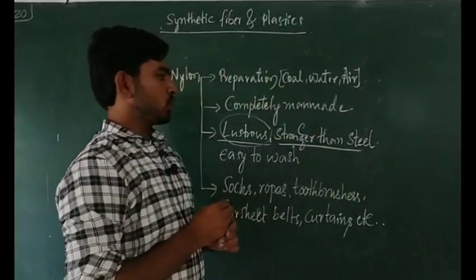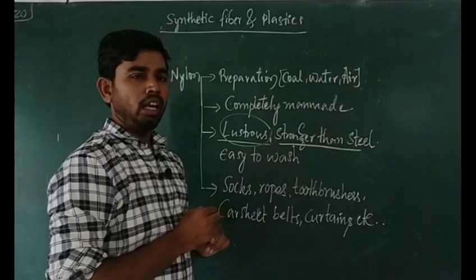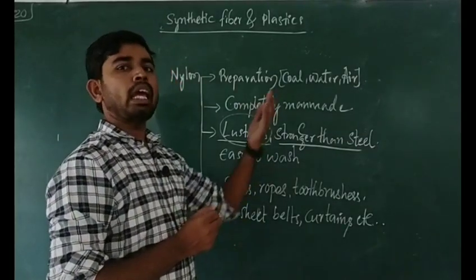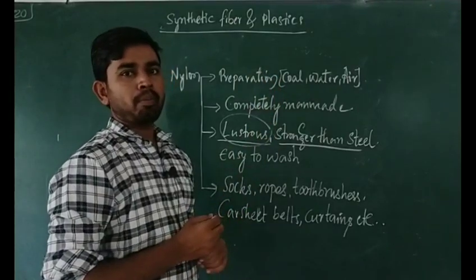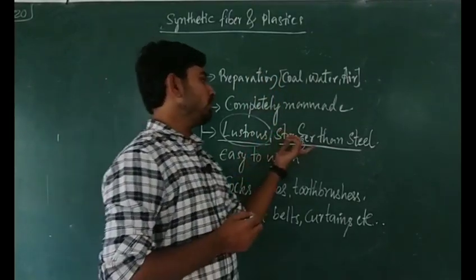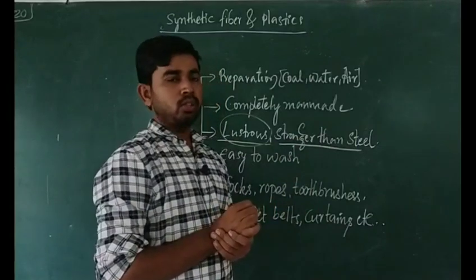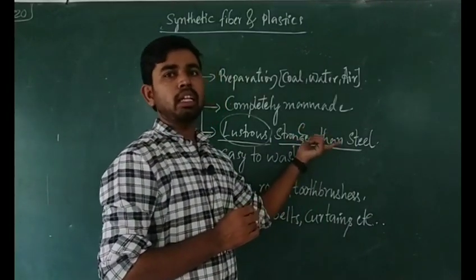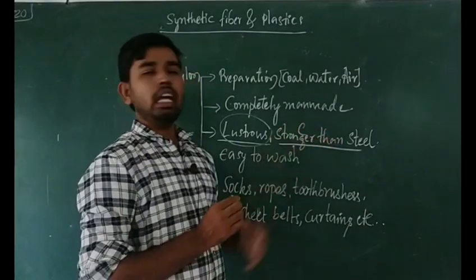It has strong longitudinal strength. It means we can apply any load to the nylon. We can use it instead of iron thread also. It has a strength similar to an iron thread.